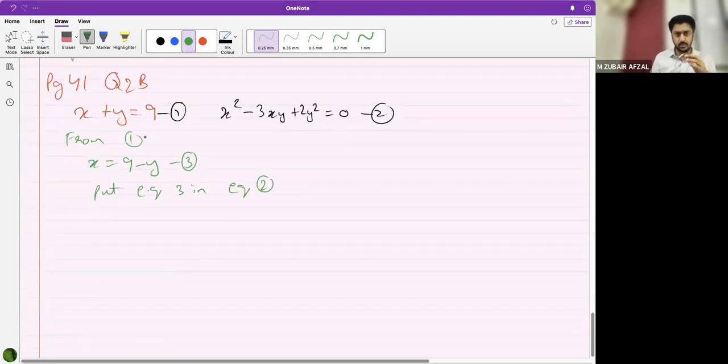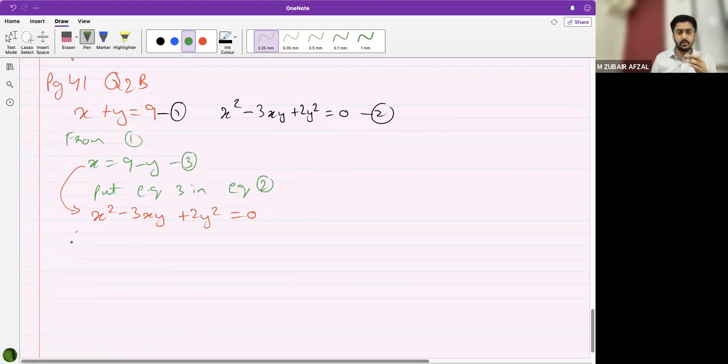From whichever equation you rearrange, you put it in the other one. So equation 2 is x square minus 3xy plus 2y square equals to 0. So we plug in equation 3 in equation 2.